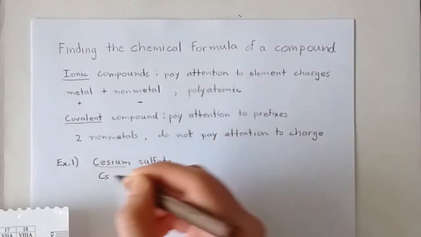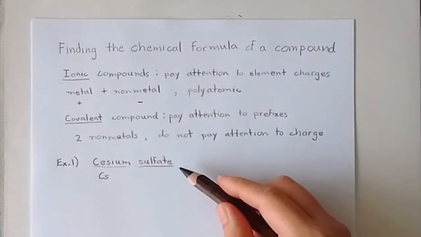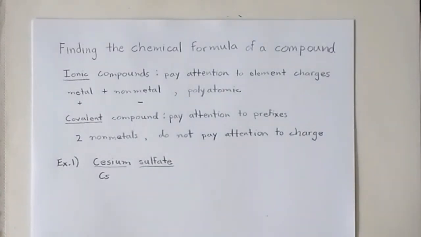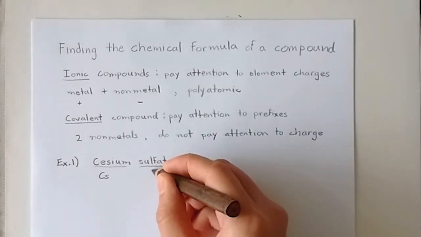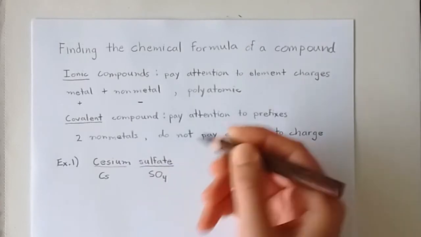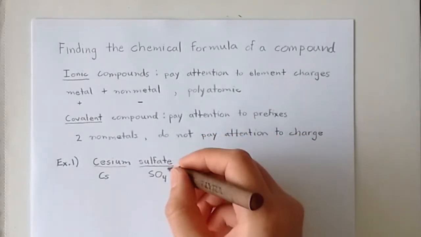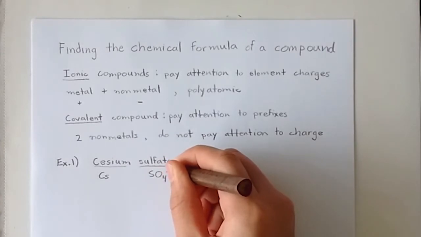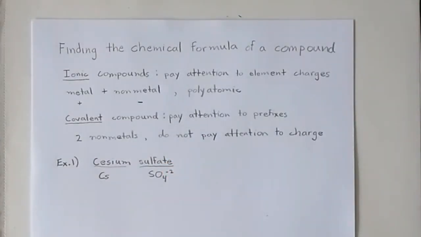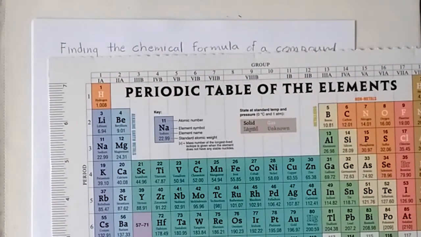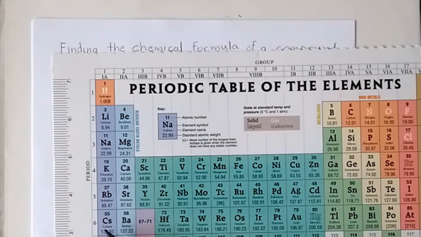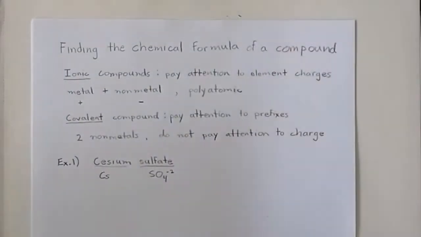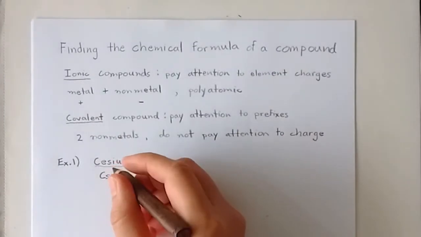Then for sulfate, we would know from knowing our polyatomic ions that this is a polyatomic ion represented by SO4, and the charge for a sulfate ion is -2. Also, from looking at the periodic table, we can see that cesium, because it is in group 1 of the table, has a +1 charge. So we can also put that the cesium ion has a +1 charge.